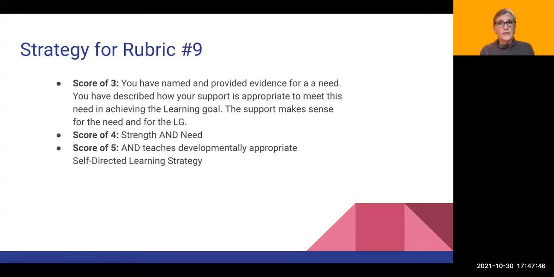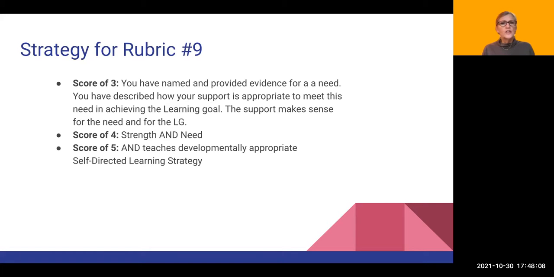But supposing you didn't administer a baseline and you don't have that evidence, did you have some homework, some exit tickets, some in-class worksheet? Did you observe your student in some way? All of those can count as evidence, but you need to put the evidence there. You can't just say they have a need of a certain thing. You have to say why they have that need, what evidence you have of that need.